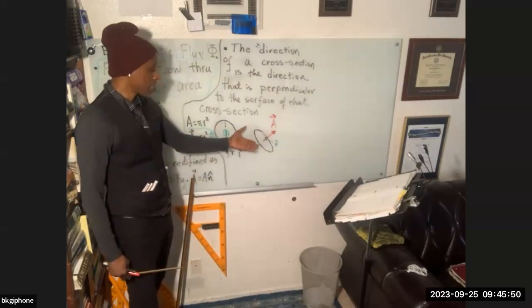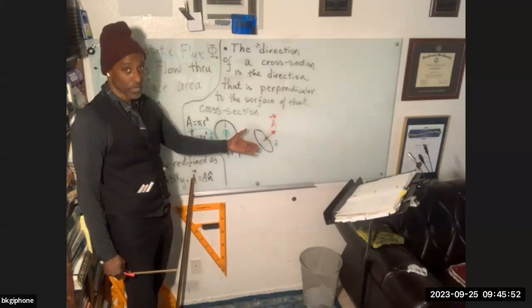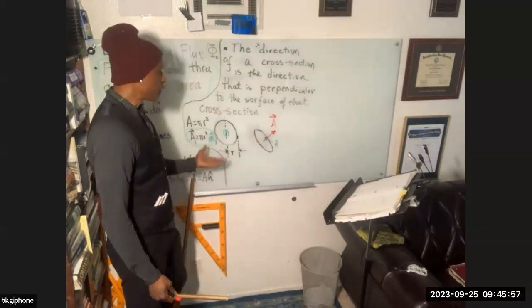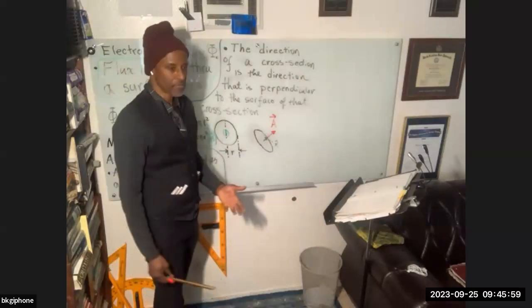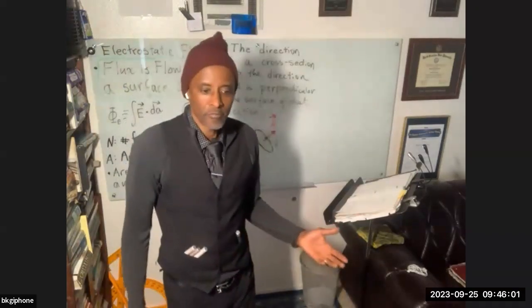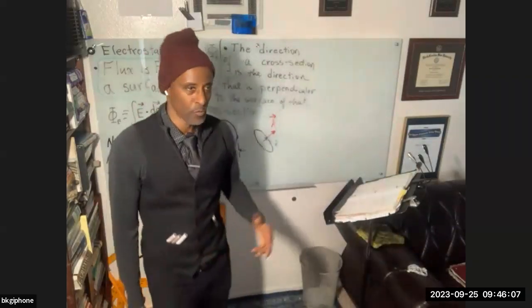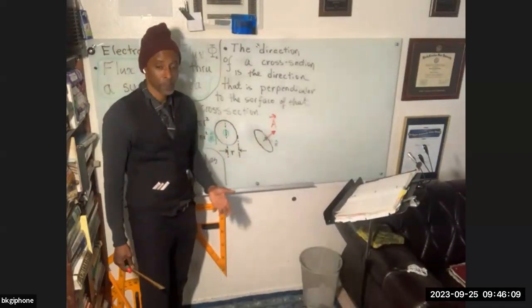I'll just say that this side I chose to illustrate was arbitrary. You could flip it over, it would be the same thing. But if I'm actually working a problem, I need to define a positive direction, and I will leave that to specific problems when I have a flat surface.